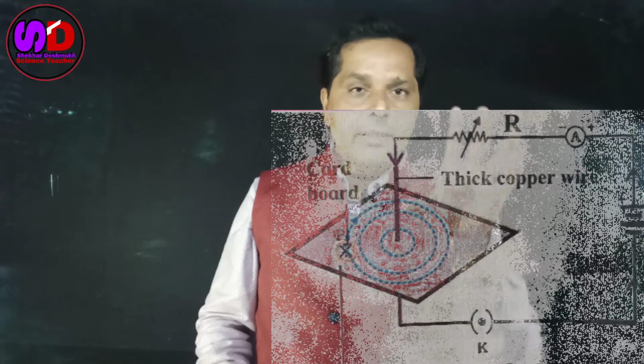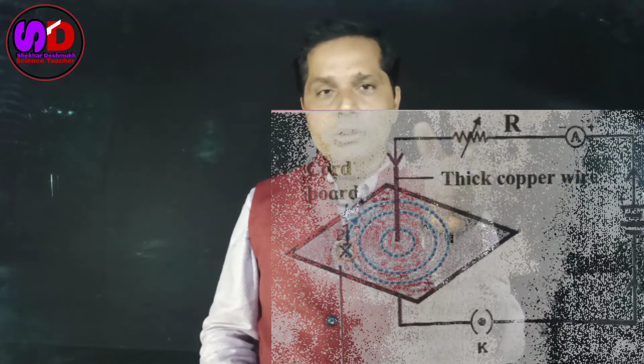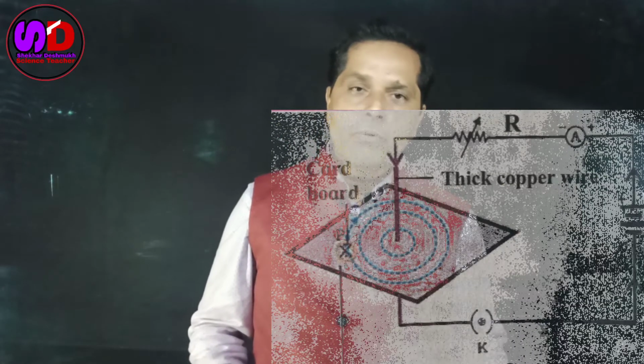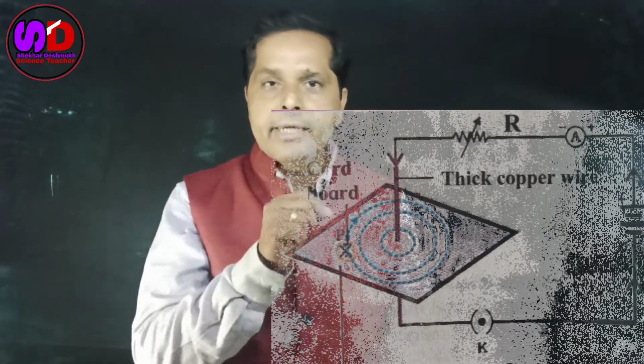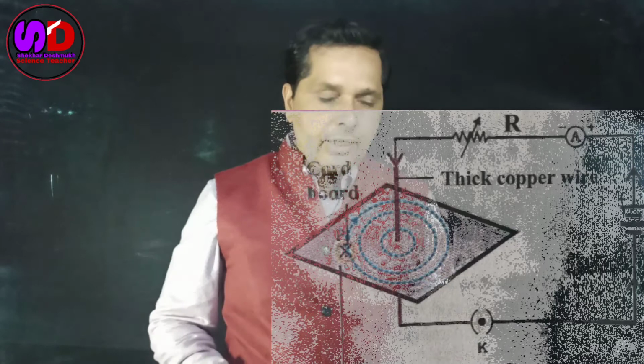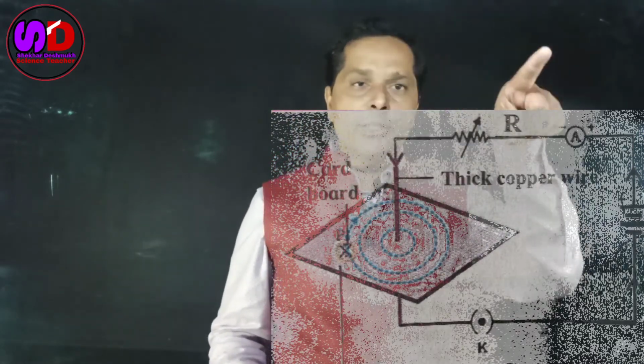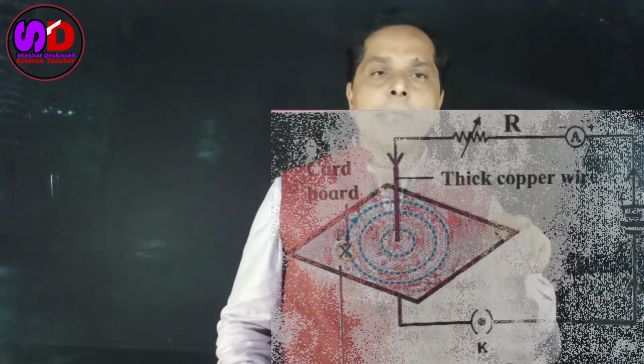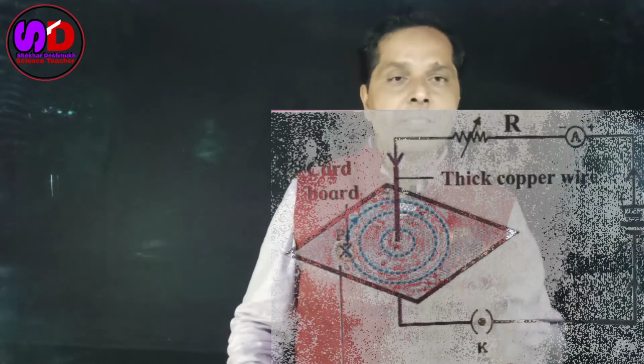Connect that copper wire to the rheostat, the battery and the key. As soon as we close the key, the current flows from the positive terminal to the negative terminal, that means in the downward direction.